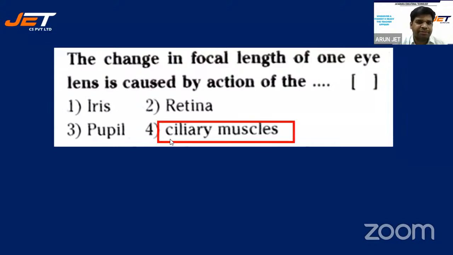All right, let's look at the key. Yes, 4 is absolutely right, students. Ciliary muscles are responsible for the change in focal length of the eye lens.